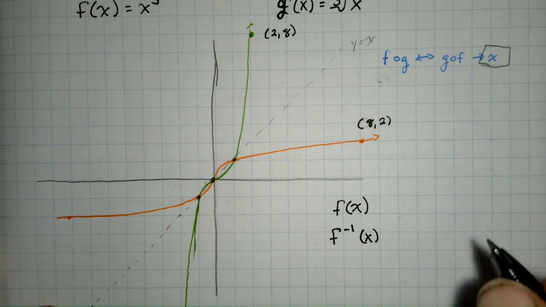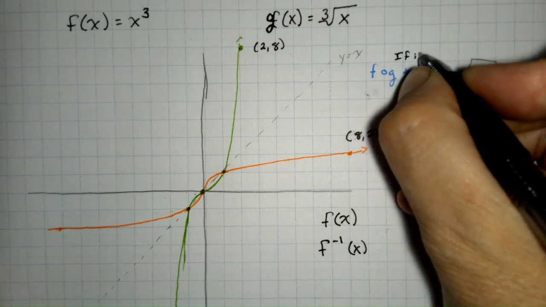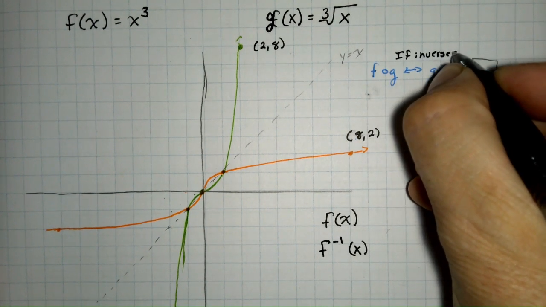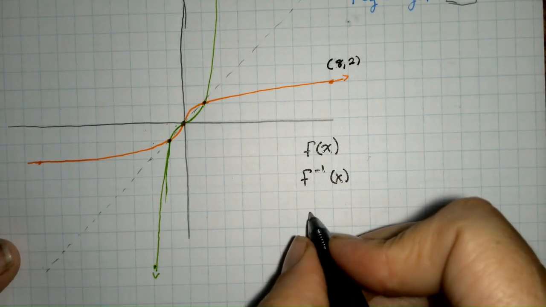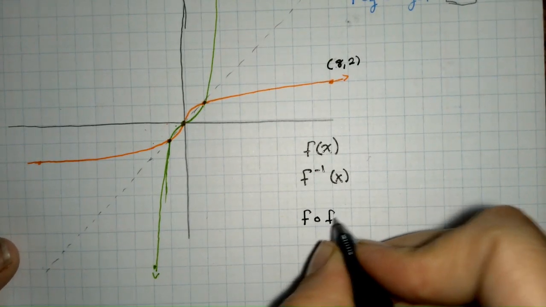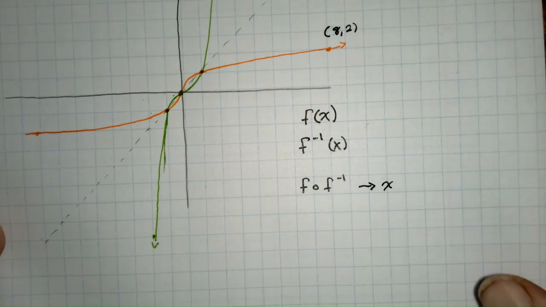If they're inverses and we do the composition, we should get x. So f of f inverse will always go to x.